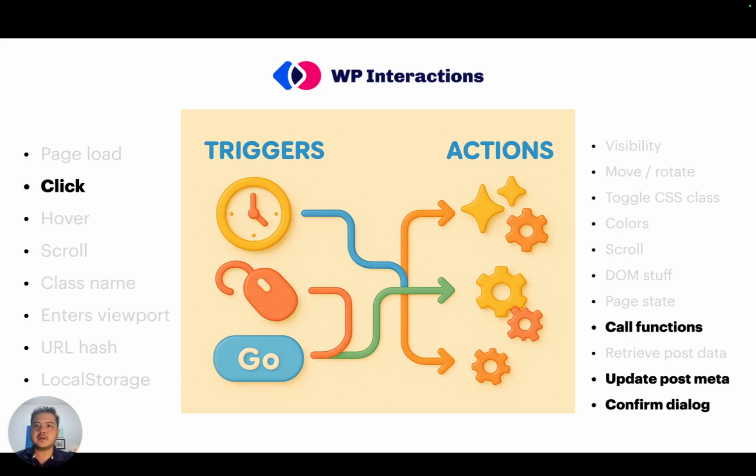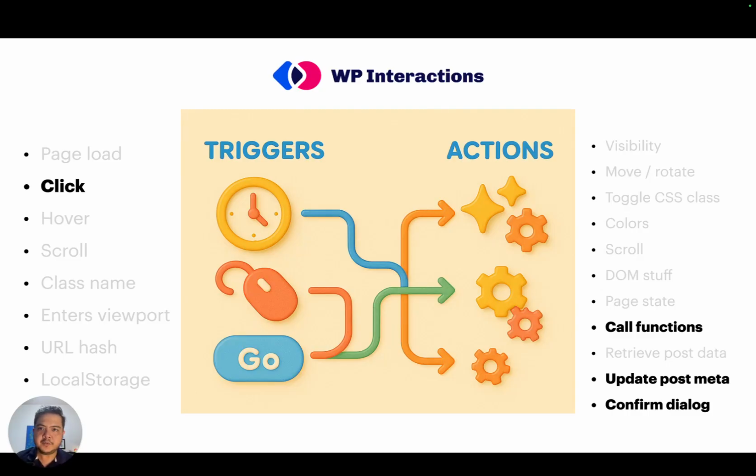Lastly, maybe you're creating a user update button. So when a button is clicked, you'll prompt a confirmation dialog, and then if the user presses OK, then you can call some JavaScript functions and then perform an update on some post data. So the sky's the limit. It's up to you.